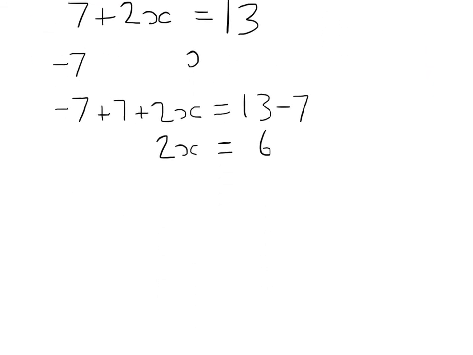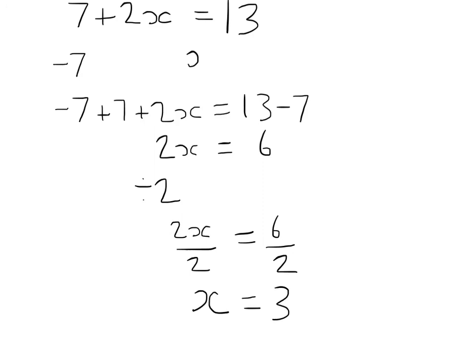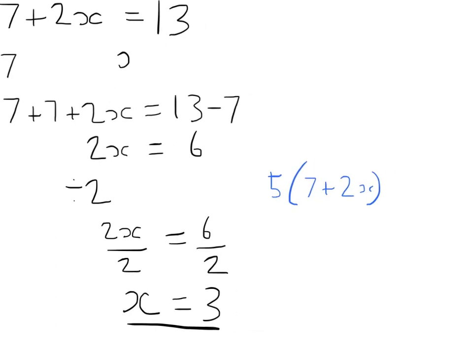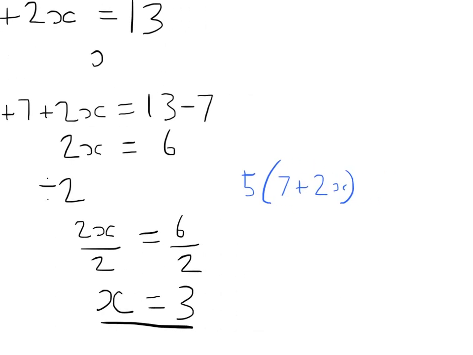There we are, right then. We're going to divide by 2. So 2x divided by 2 equals 6 divided by 2. So that means x is equal to 3. And there's your answer. What we're going to do, of course, we're going to check. So the original question was 5 multiplied by 7 plus 2x equals 65.